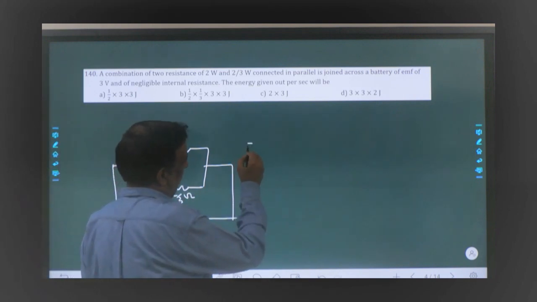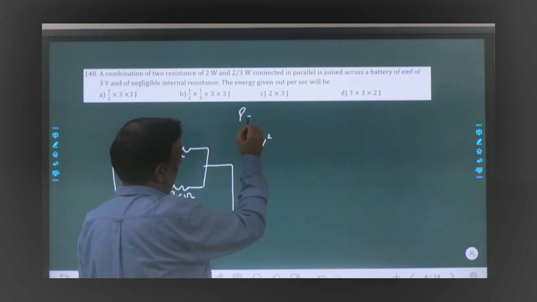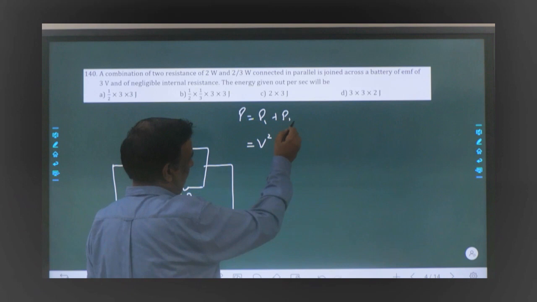Total power is, in parallel combination, P1 plus P2.